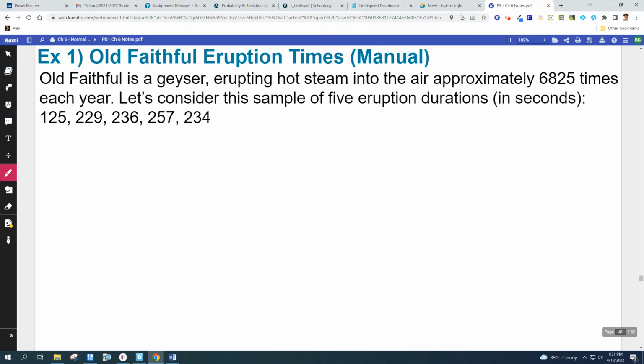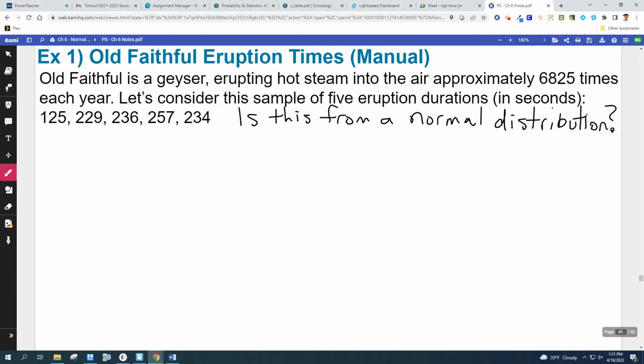The question is, do we think these data are from a normal distribution? We're trying to assess normality. We're trying to figure out if these numbers are from that normal distribution.